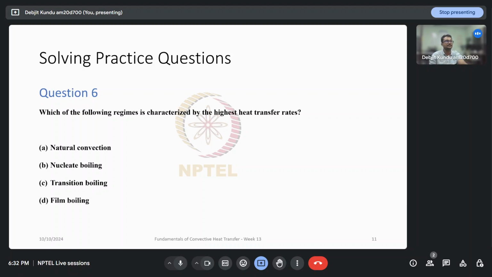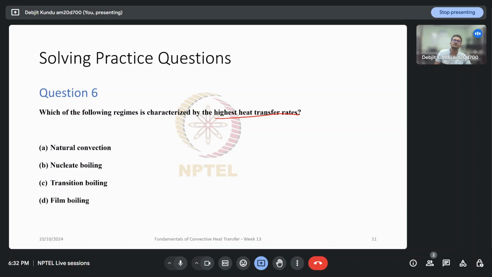We move on to question number 6, which asks which of the following regimes is characterized by the highest heat transfer rates. Is it option A, natural convection, option B, nucleate boiling, option C, transition boiling, or option D, film boiling? These are regimes of pool boiling.